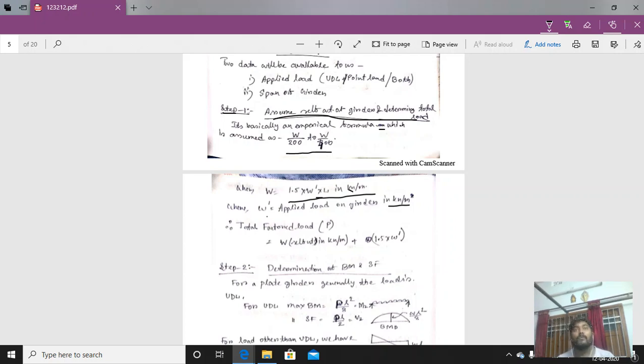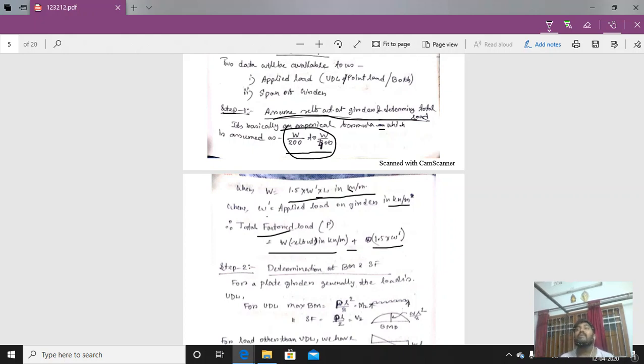So we can determine the total self weight of the member from the W by 200 to W by 400 value. The total factored load acting on the plate girder, P, will be equal to the self weight that we have calculated, plus 1.5 into W dash.